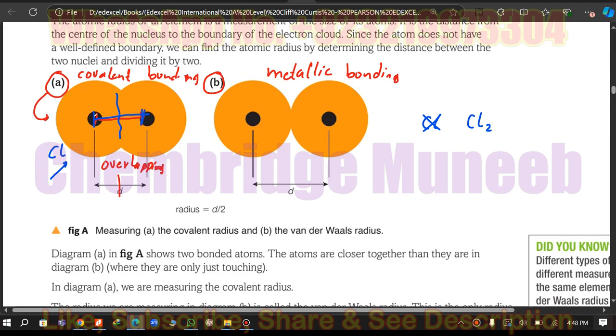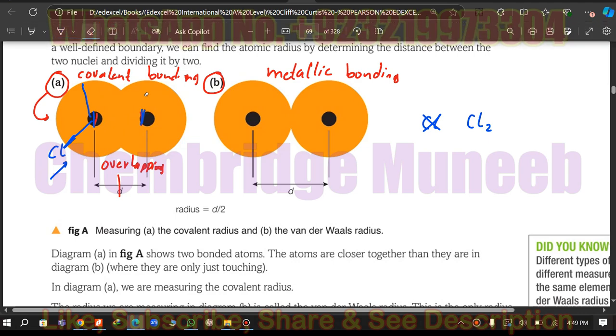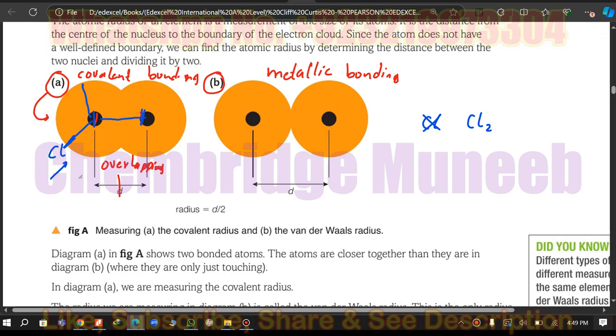We cannot say that the distance from the nucleus to the outermost shell will be the same on all sides. It is this much distance on this side and the same on this side, but it is not the same here, because it is moving up to the nucleus of the second atom. So for this purpose, we consider half of the distance between the two atoms. That will give you the actual radius of the atom. So that's how we find the atomic radius of an atom.